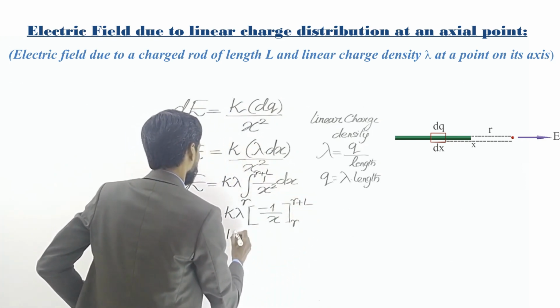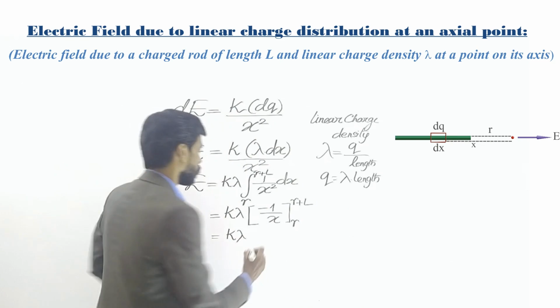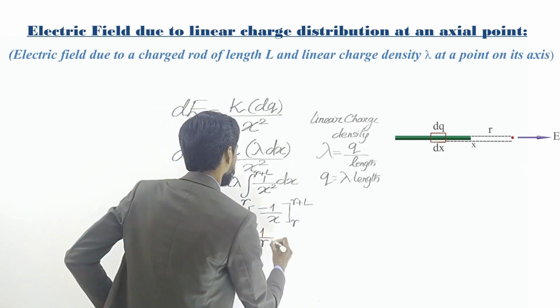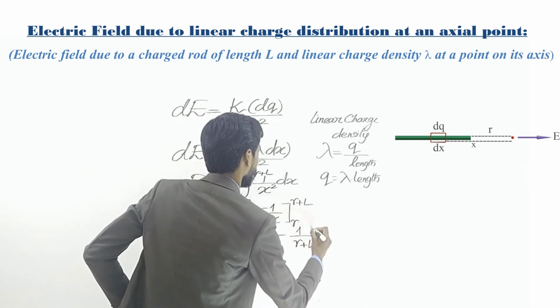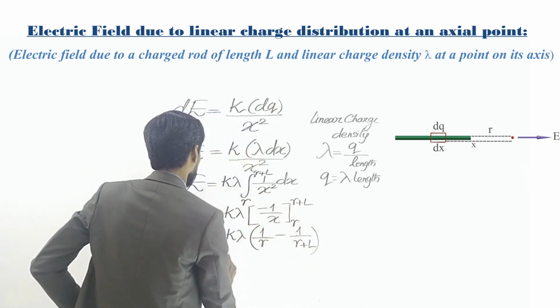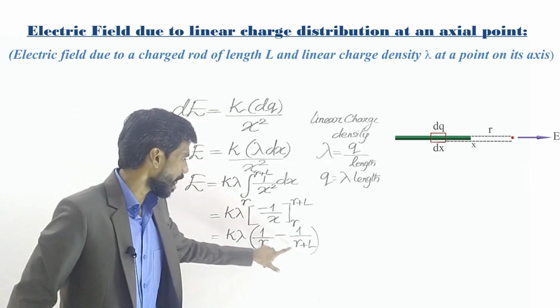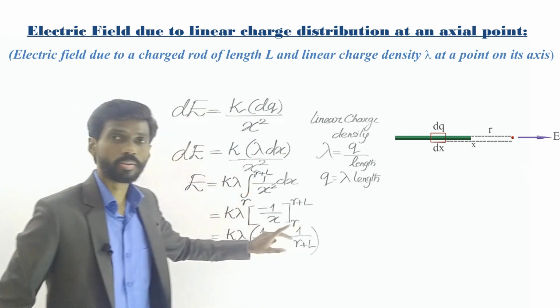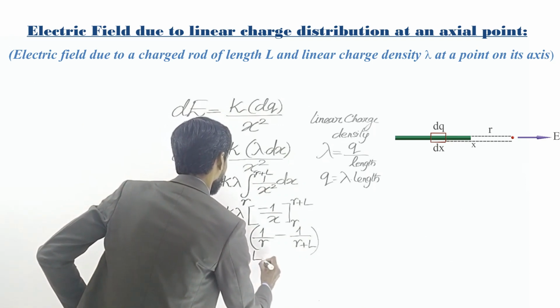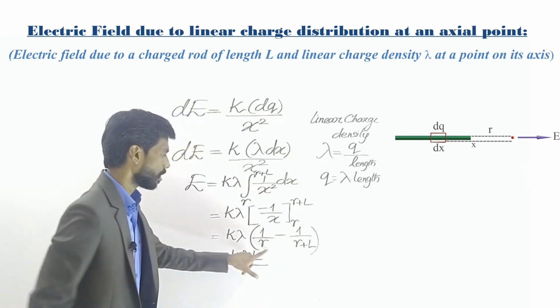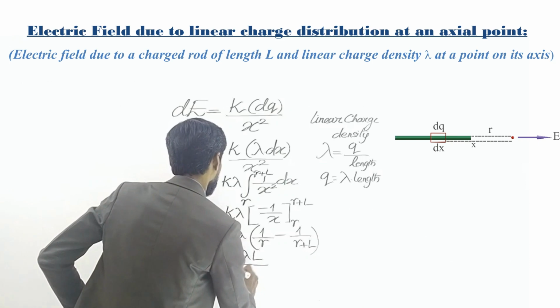If you simplify this, we get 1 by r minus 1 by r plus l. So do the simplification. This is r plus l minus r, so that is l. So k lambda l divided by r times r plus l.